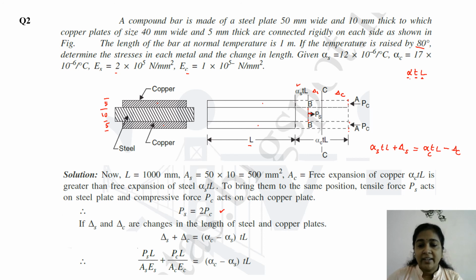Delta S is given by PsL by AsEs, and delta C, the change in length of copper due to the compressive force Pc, is given by PcL by AcEc, that is equal to alpha C minus alpha S into TL.